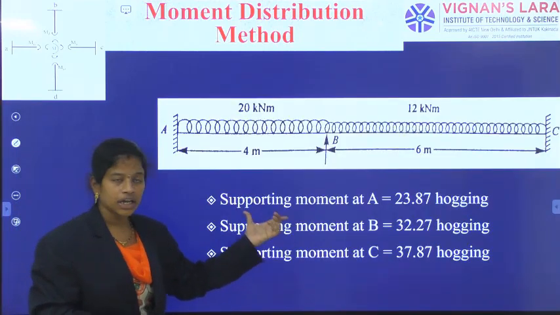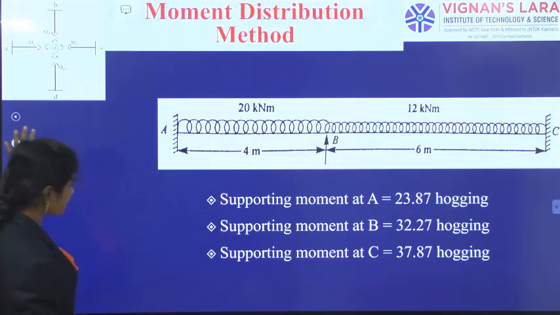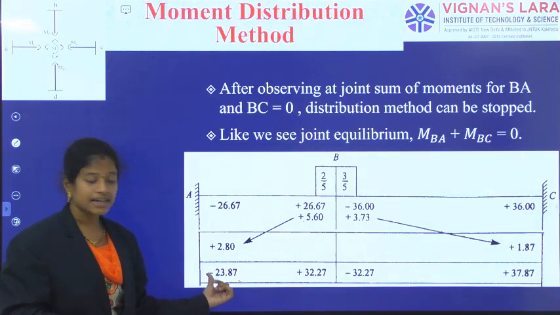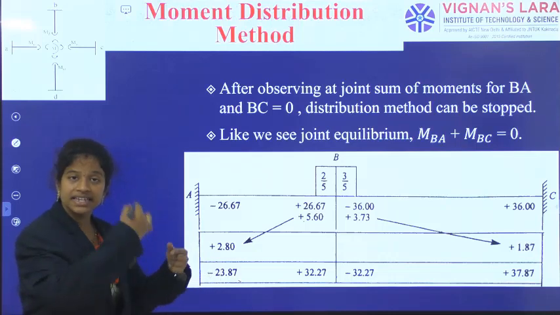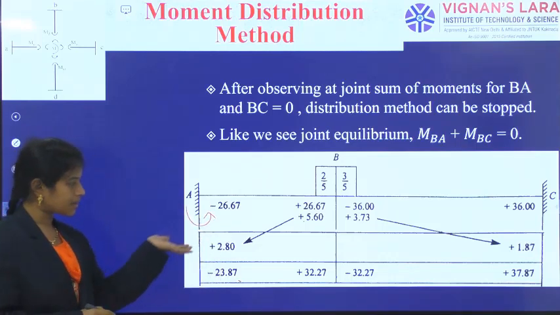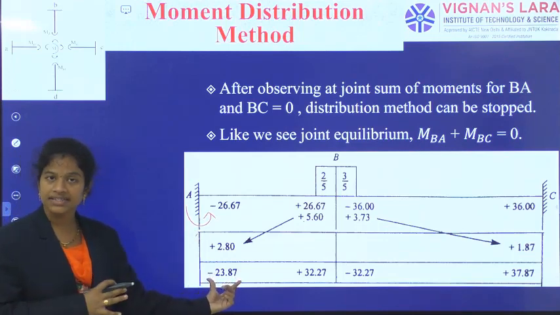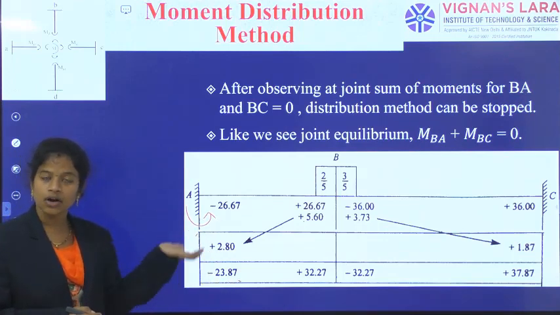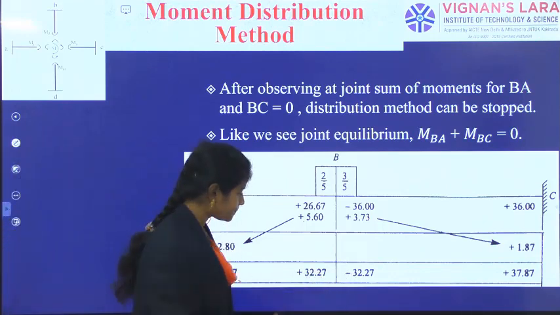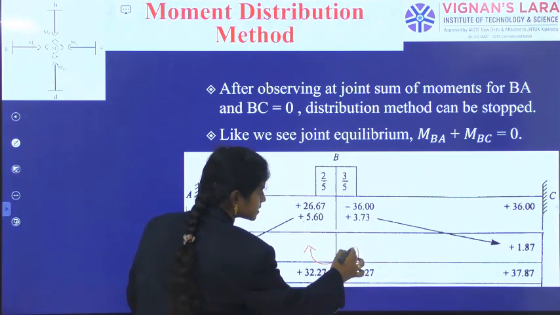So the supporting moment at A is this answer, minus 23.87. What is it indicating? At A, it is hogging in nature. Minus 23.87 is the final answer, so it is going in the anti-clockwise direction. So 23.87 is the hogging moment. Here this is clockwise, and this is anti-clockwise.